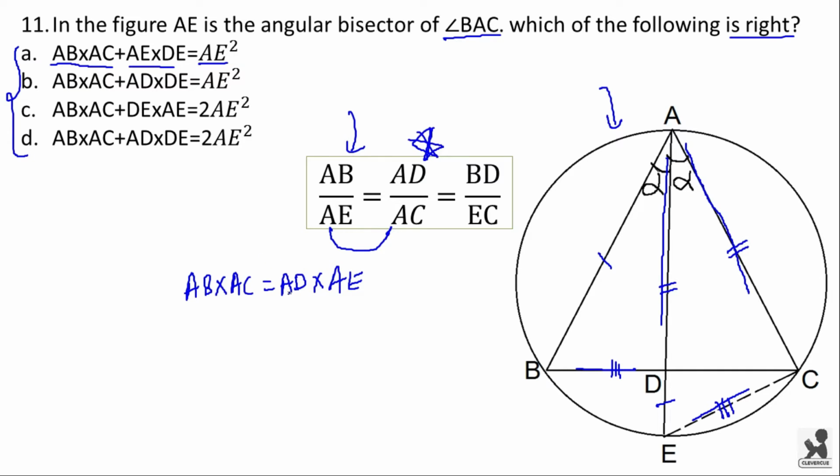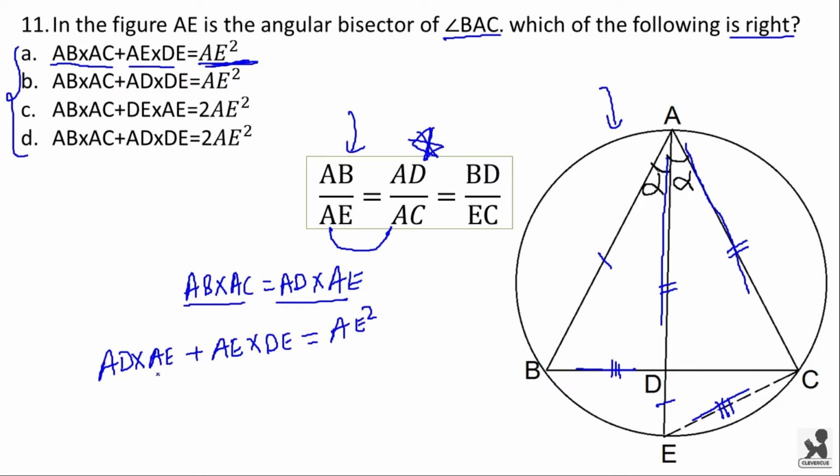Now if you substitute the value for AB into AC in this first option, you have AD into AE plus AE into DE is equal to AE square.